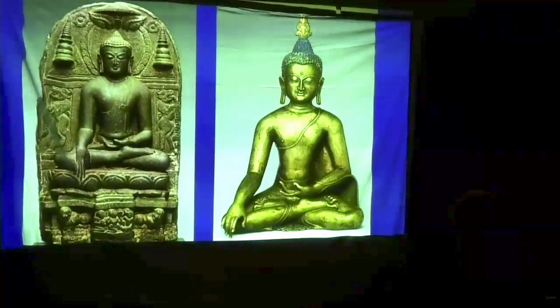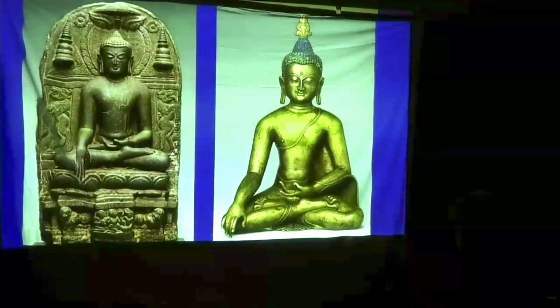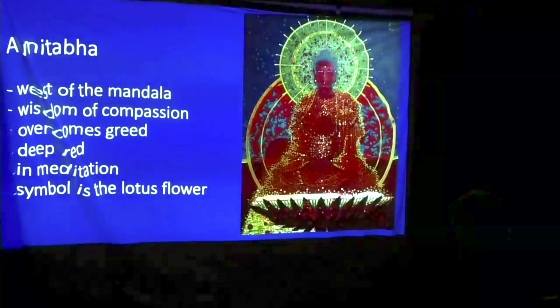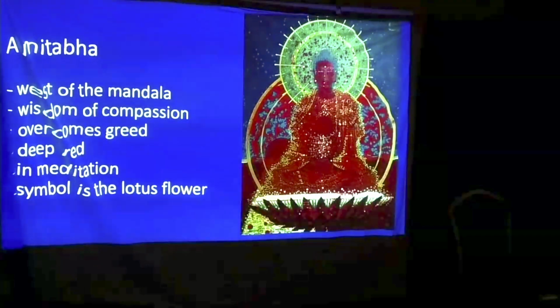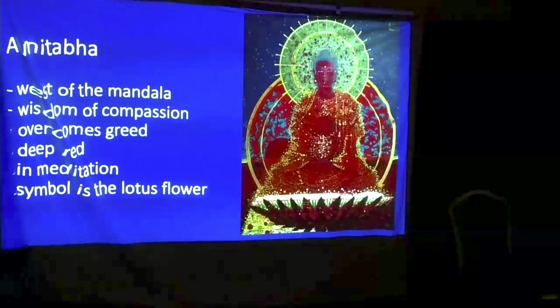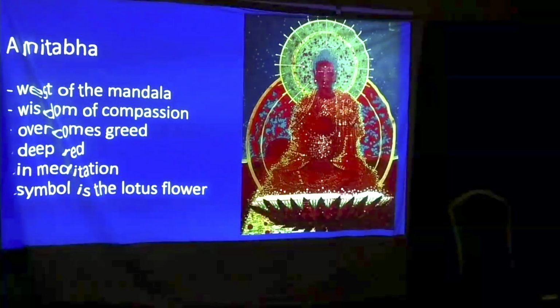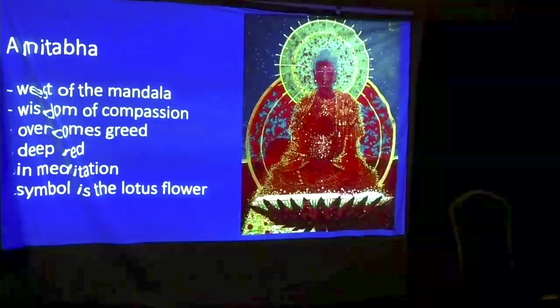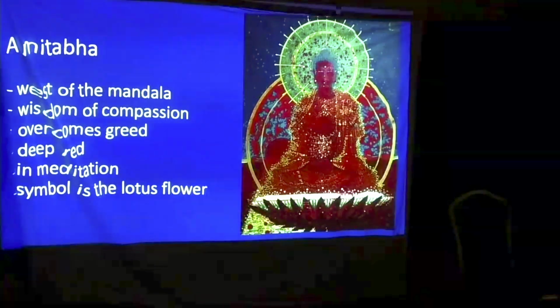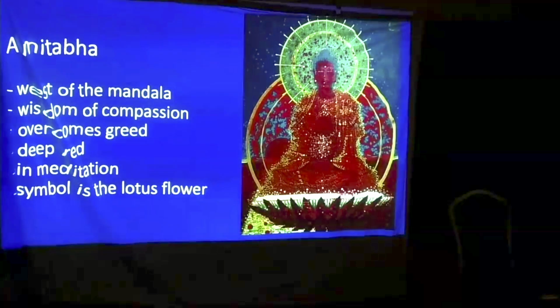And then across in the West, on the other side, we have the beautiful red Buddha, Amitabha. And Amitabha's wisdom is compassion. He overcomes greed, this sort of lust for life in a way. You can have a good lust for life as well.